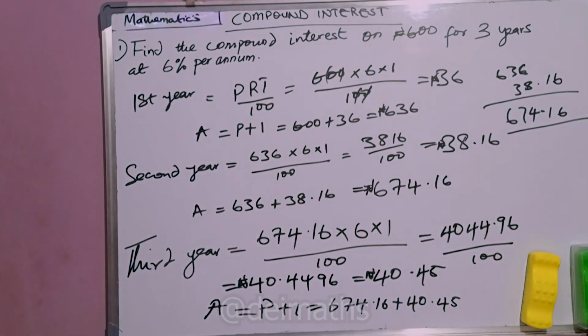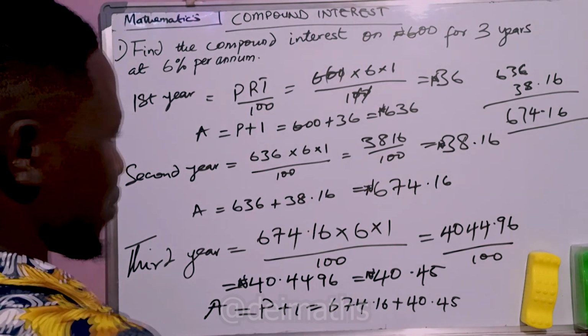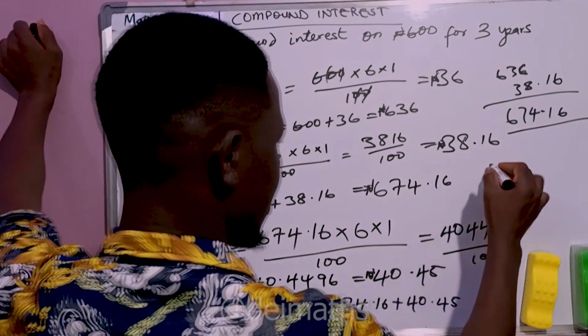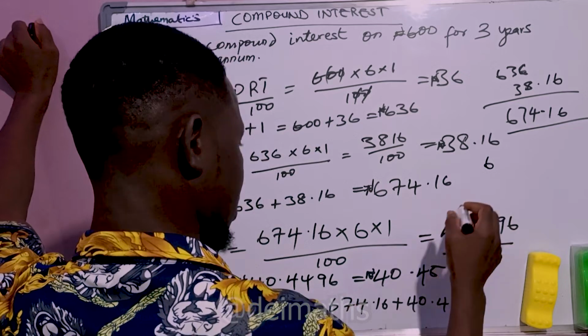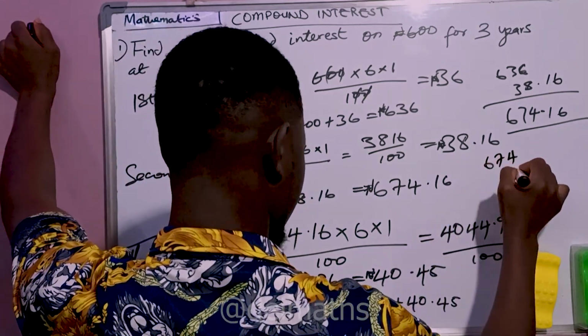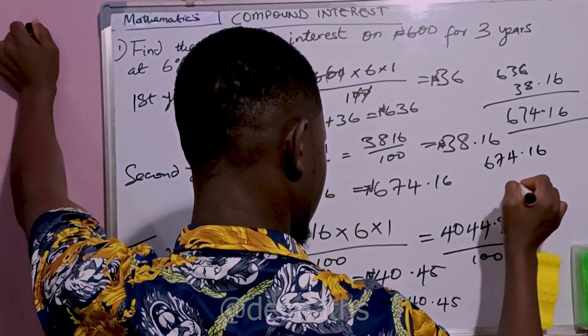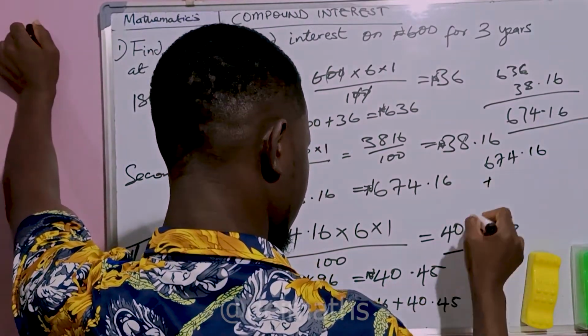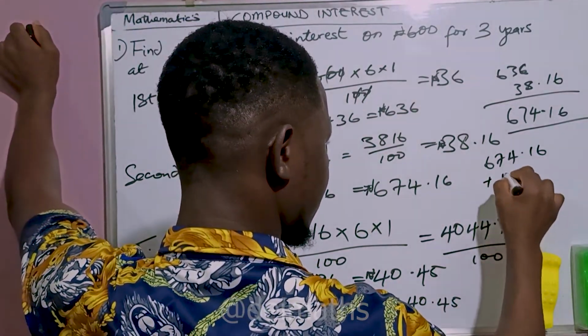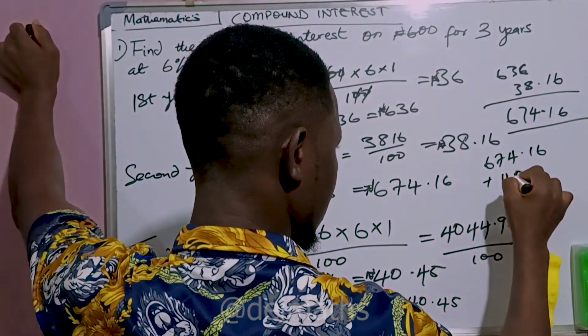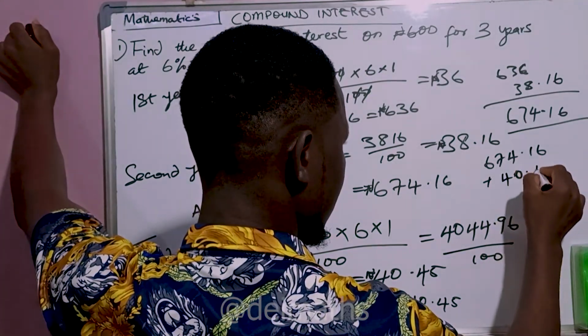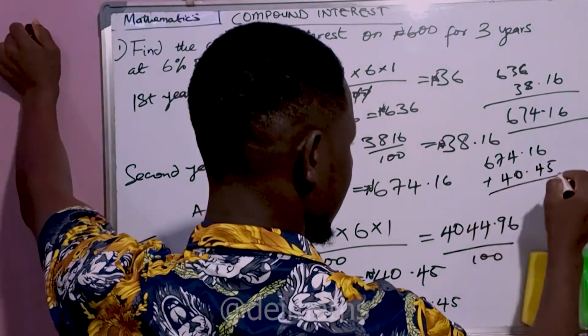Now let's add this together and see what it will give us. We have 674.16 plus 40.45.